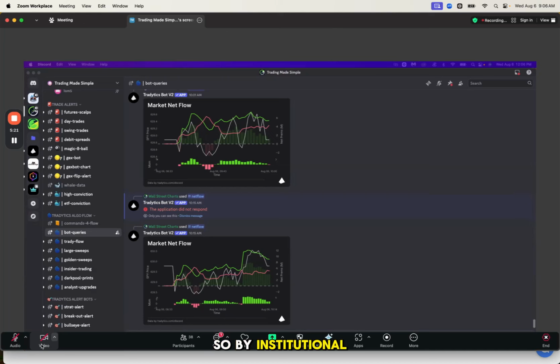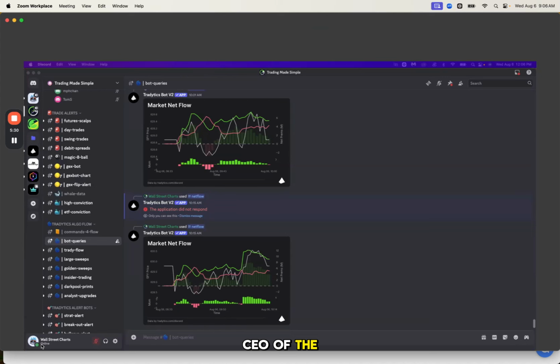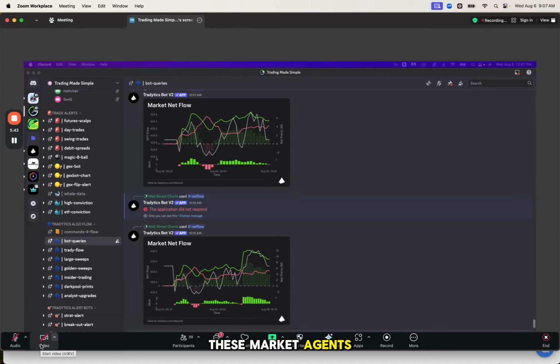By institutional money, of course, I mean big institutions, hedge fund managers, pension fund managers, CEOs of the most important companies, also board directors from the top S&P 500 and New York Stock Exchange. These market agents can access the dark pool platforms for the market security.